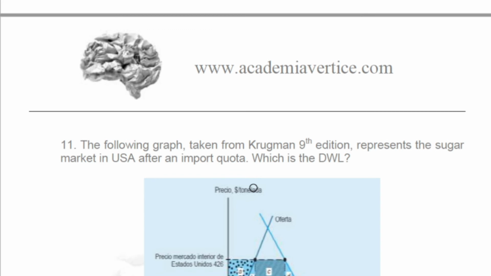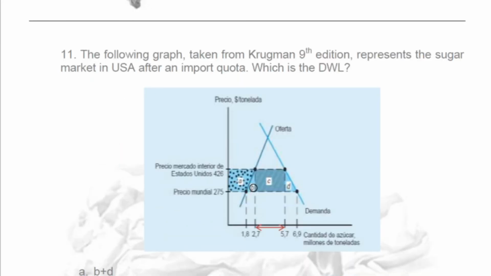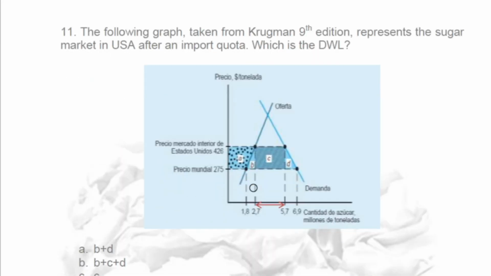Now, 11. The following graph taken from Krugman, an import quota again, so the same graph with the same policy. Which is the deadweight loss? Well, the deadweight loss is the difference, as we know, between the total surplus in the efficient free trade situation, and the total surplus after this policy.